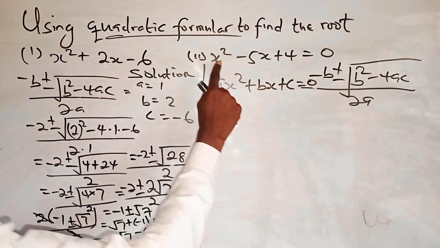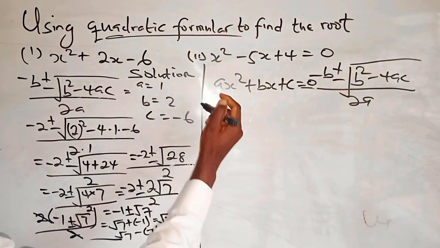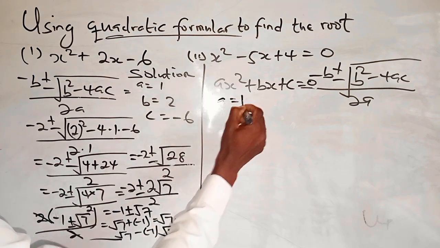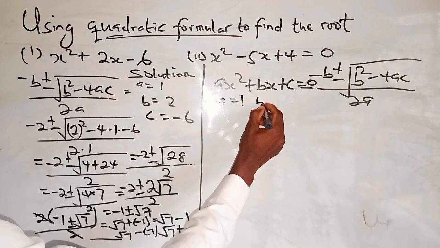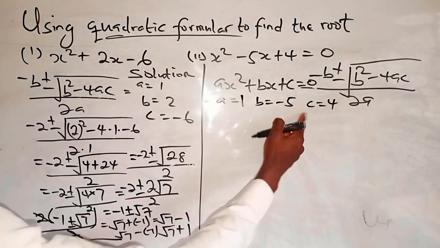For the second one, I have x squared minus 5x plus 4 equals 0. So a equals 1, the coefficient of x squared, b equals minus 5, and c equals 4, the constant.